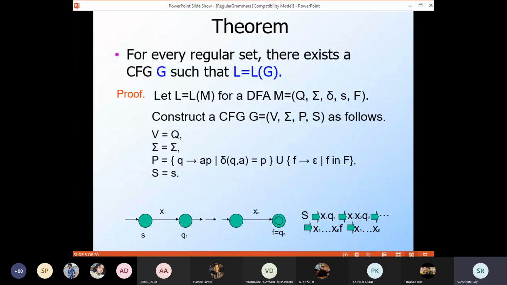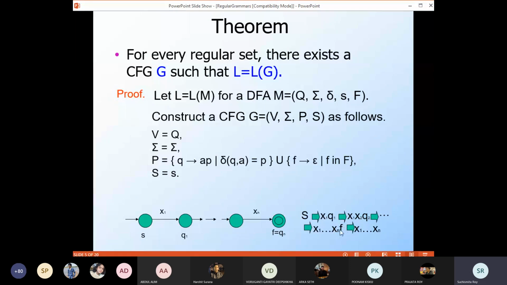So see here, all these intermediate forms, x1 q1 or x1 x2 q2, then x1 x2 till xn, and finally f. When we come to the pre-final one, we find that there's only one variable left, which is the final state. Because it's the final state, we have already added a rule to remove it.